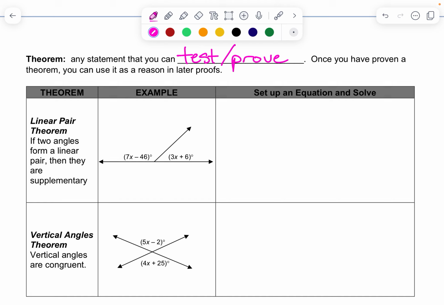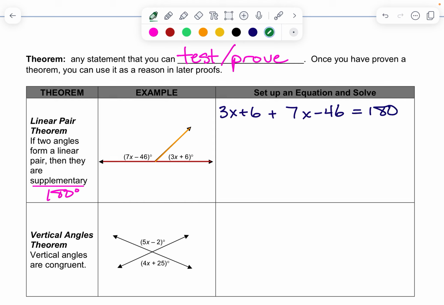So we've got the linear pair theorem. It's what we just talked about. If two angles form a linear pair, then they are supplementary, which means they add up to 180. Well, see how these two angles form a line and share a wall? Because they do those two things, I know that together they add up to 180.